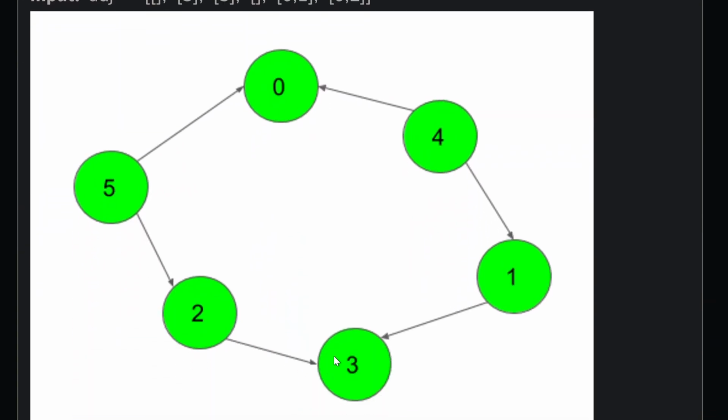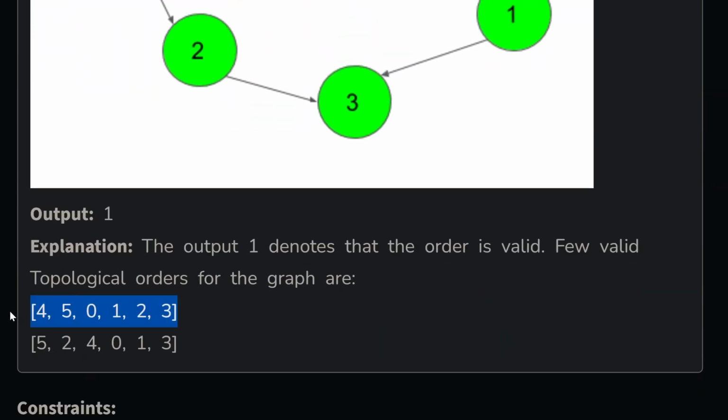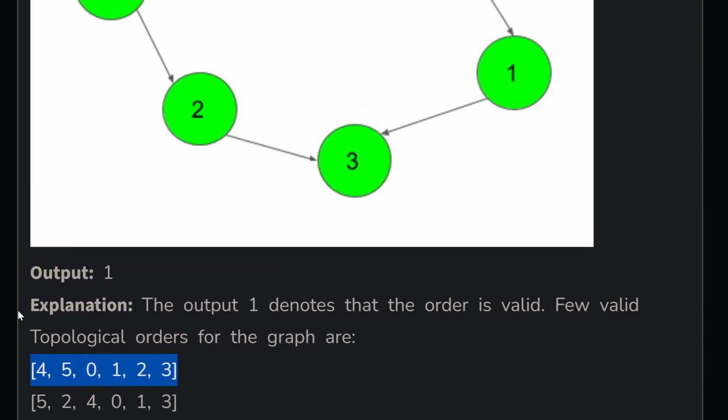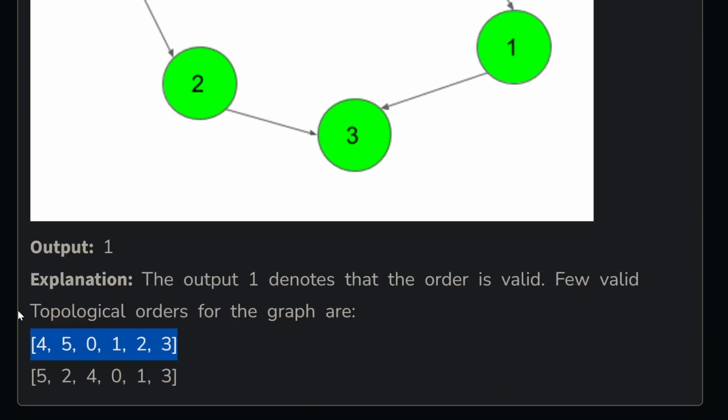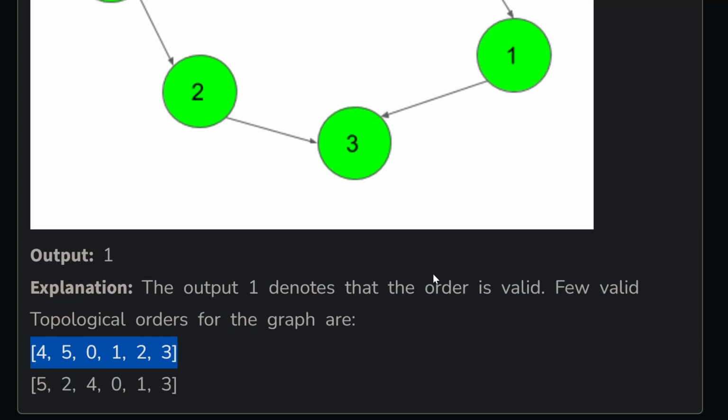In this graph, there are 2 topological sortings, so we can return any of them. It represents that 4 will come before 5, 0, 1, 2, 3. So 4 will come first, then 0. There's an edge from 4 to 0, 4 to 1. So 4 comes before 0 and 1.